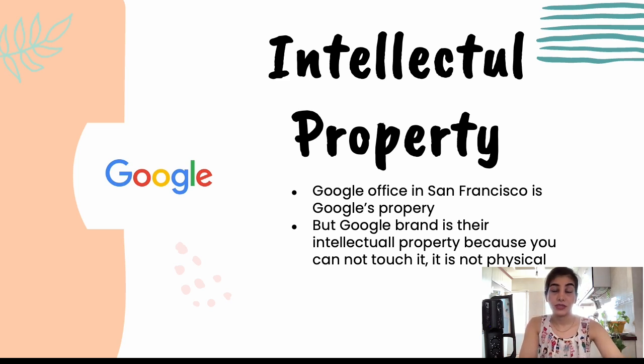This office is Google's tangible property because you can touch it, you can see it. But the Google brand, the name of Google, is their intellectual property because you cannot touch it or physically see it, but it is a name that is worth money and people are ready to give money in return for Google.